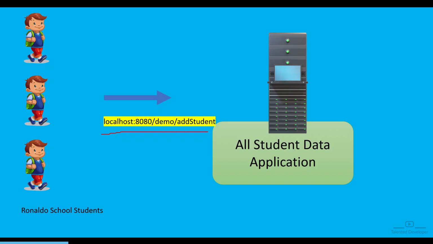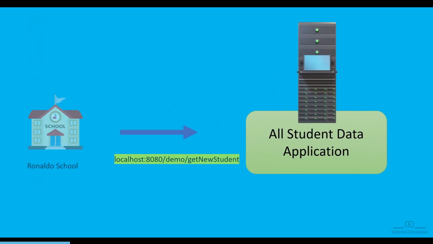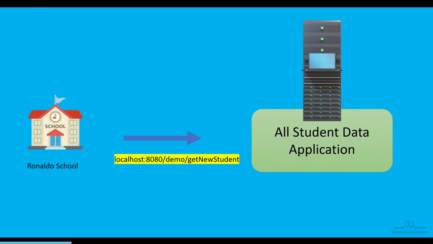Once the student data is signed up, Ronaldo school needs to know how many new students have signed up into the all student data application. At that time, the application will provide one API, which will look like localhost 8080 slash demo slash get new student. Using this API, Ronaldo school can always find how many students are newly added into the all student data application.